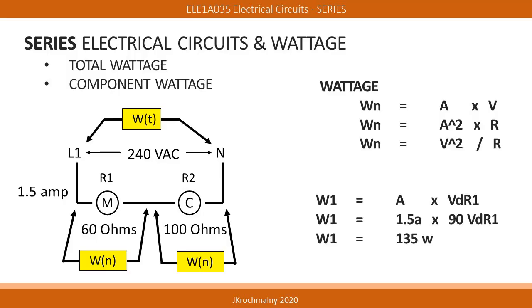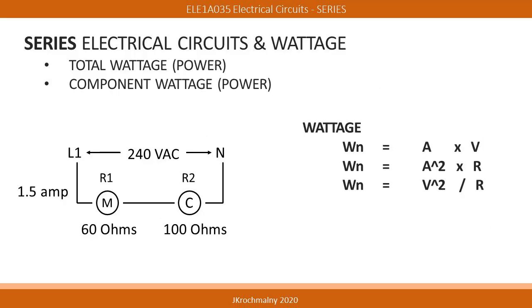Looking at the first load, we can use this same formula to determine the wattage consumed by this first load. 1.5 amps multiplied by the load's voltage drop of 90 equals 135 watts consumed by the first load. For the R2 load, we can determine its watts consumed by this same formula. 1.5 amps multiplied by the R2 voltage drop of 150 volts equals 225 watts consumed by the load.